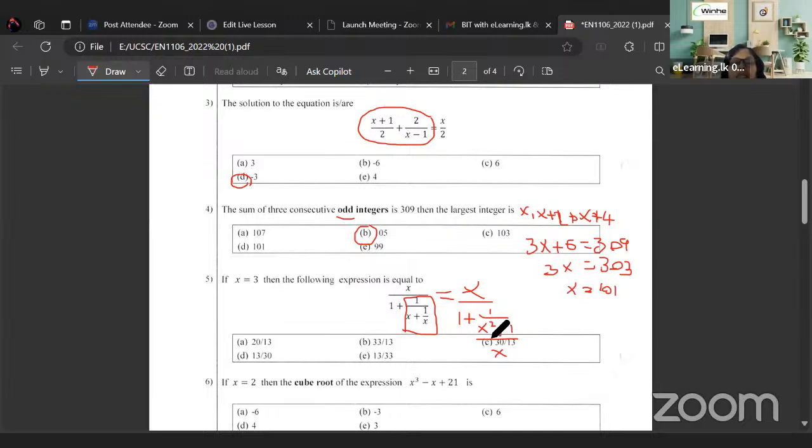Now you can get the reciprocal, or you can move upside down here. So this will be equal to what? Keep x as it is divided by 1 plus x divided by x squared plus 1.